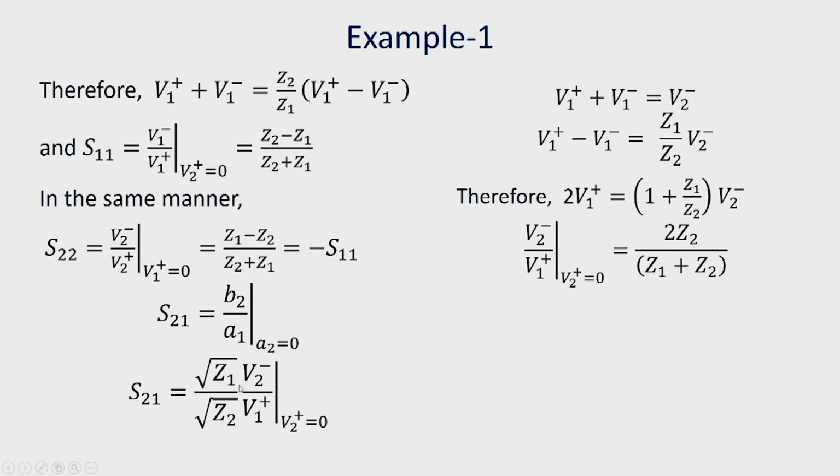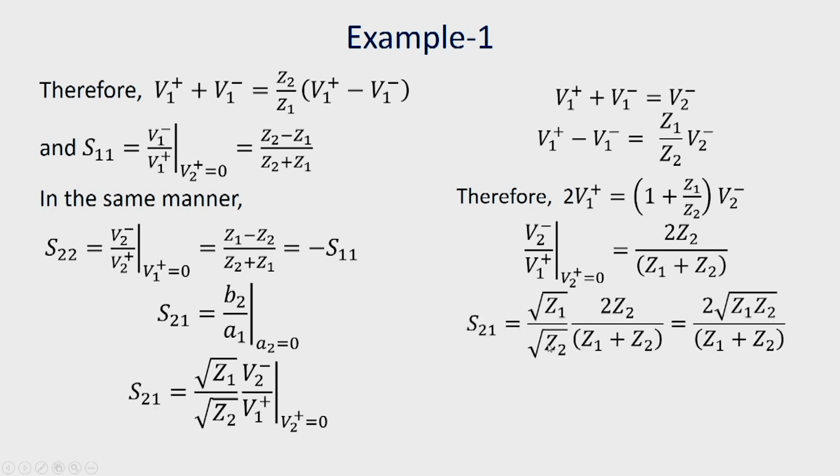So, now we have this part evaluated, and S21 we get by scaling this with root Z1 by Z2, and then we get S21 equal to 2 root Z1 Z2 divided by Z1 plus Z2. And since this junction is a reciprocal junction, we will have S12 equal to S21.